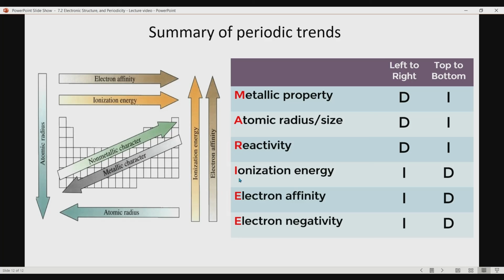And then ionization energy is increasing from left to right, and then decreasing from top to bottom. Same thing for your electron affinity and electronegativity, increasing left to right, decreasing top to bottom. So you may use this particular summary of periodic trends for your reference. Okay?